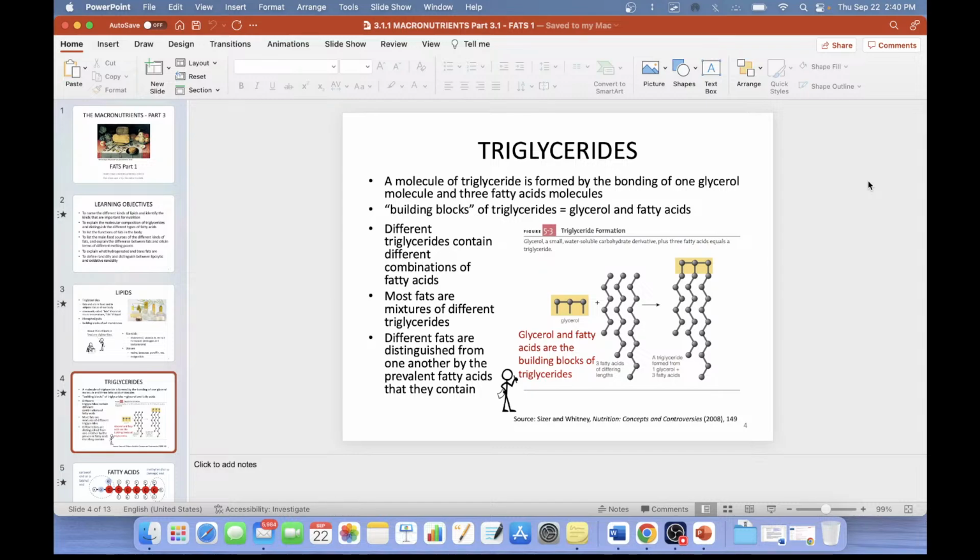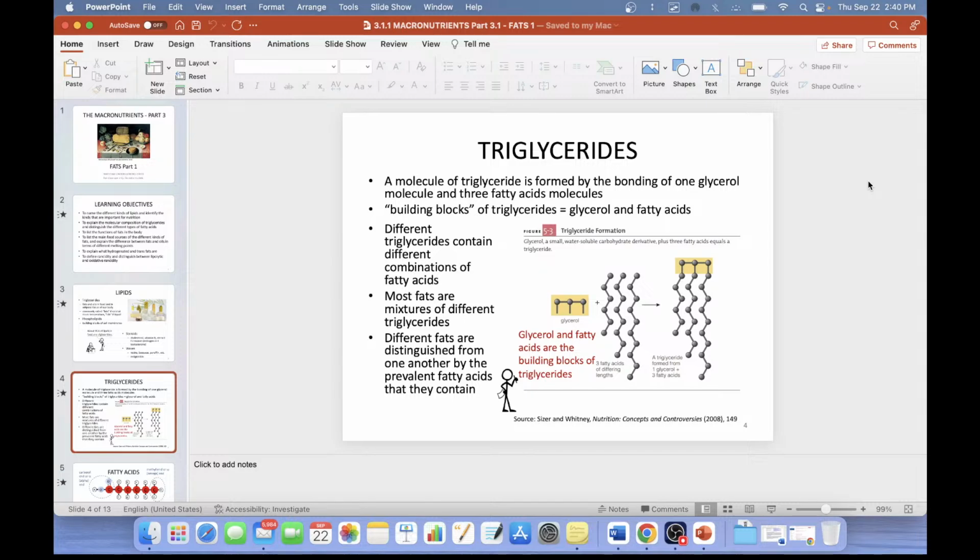Most fats are mixtures of different triglycerides. Within every type of fat that you can use as a culinary food ingredient, we don't typically eat straight fats as food.